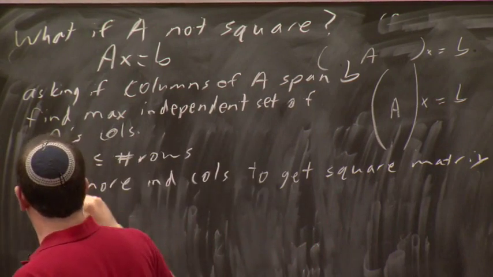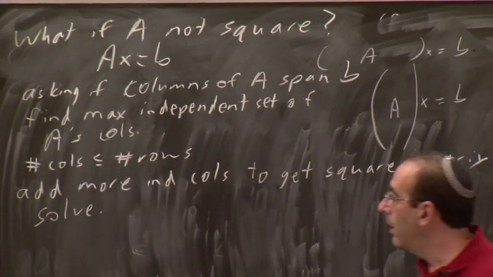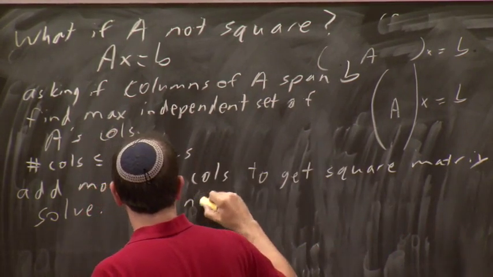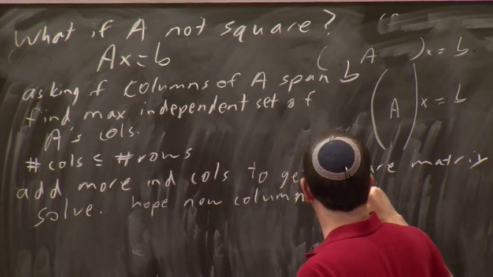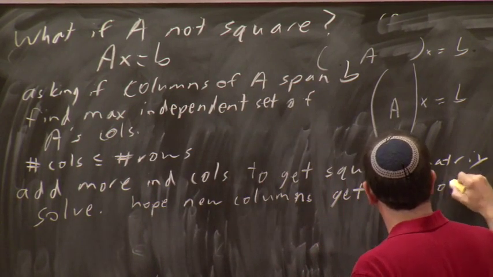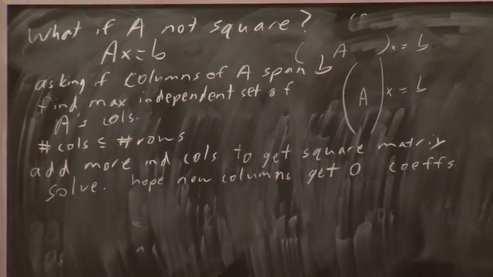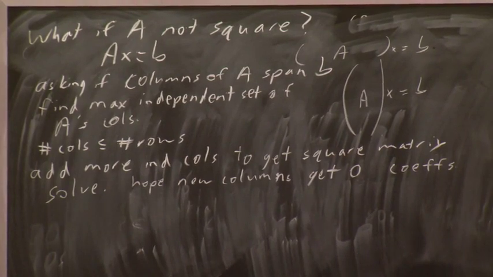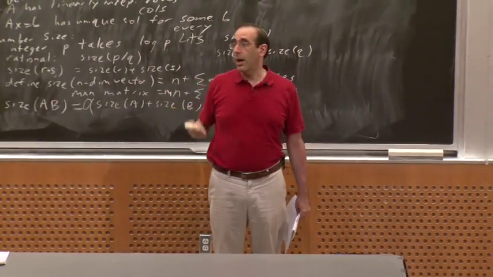And then I'll solve the square matrix, because we know how to do that. And I better hope that the new columns get 0 coefficients. Right? If I need to use the new columns in order to span B, well, what does that tell me? It tells me there's no solution that doesn't use the new columns.